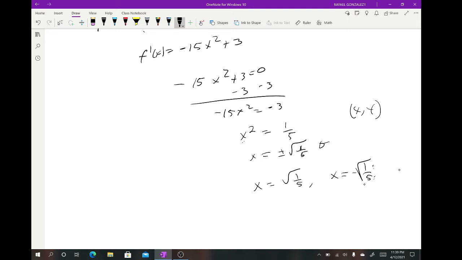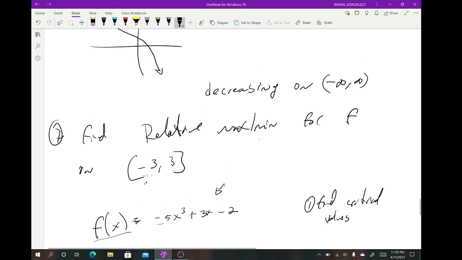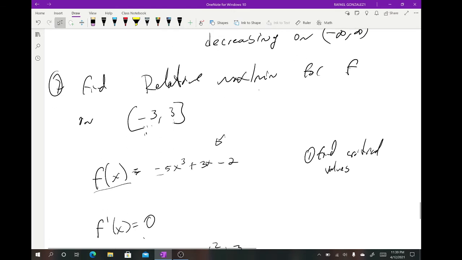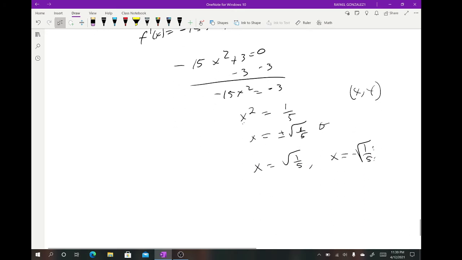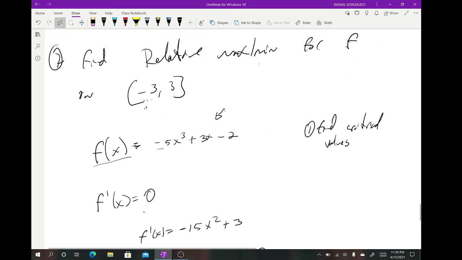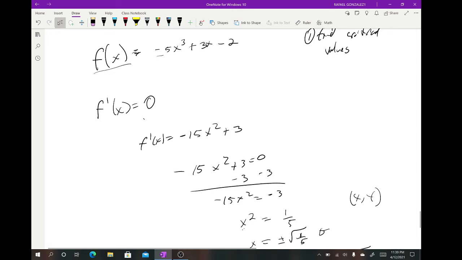Had I had a number like the square root of 25, which would have been 5, then I wouldn't have to worry about it because that's bigger than 3, and my interval is only from -3 to 3. But both of these are actually on the interval, so I have to solve for both of them.